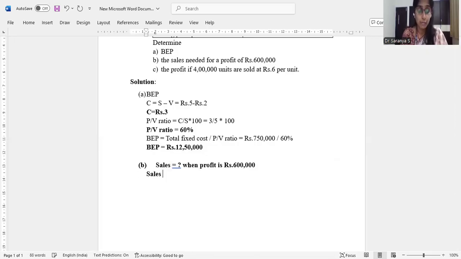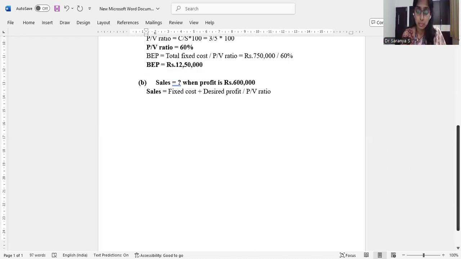For that, we have a formula: sales equals fixed cost plus desired profit, the whole divided by PV ratio. The desired profit in the question is 6 lakh rupees. Fixed cost is given in the question as rupees 7 lakh 50,000, plus desired profit of 6 lakh, divided by the PV ratio we calculated in the previous step, 60%.